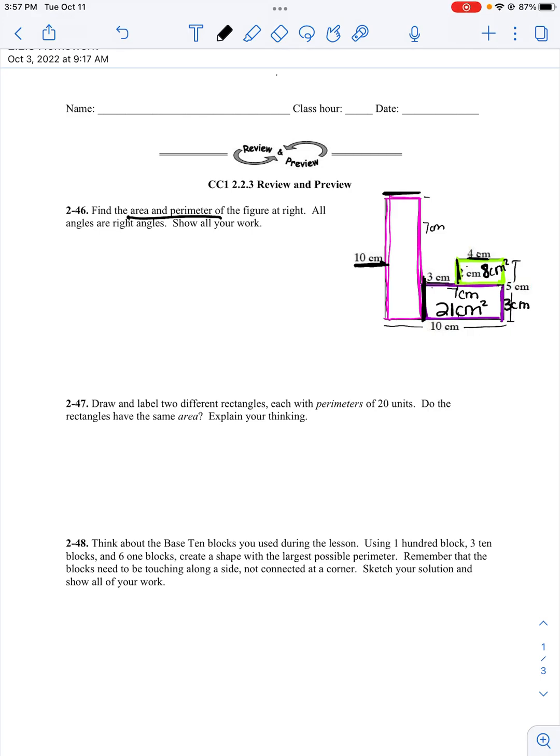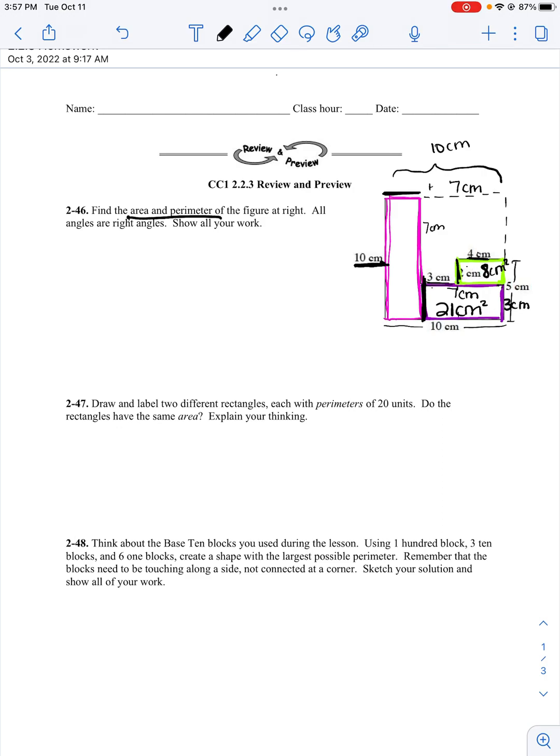so I have to imagine that I have a rectangle for the whole thing. It's actually a square because this whole thing is 10 centimeters. Now the imaginary line is 7 centimeters.